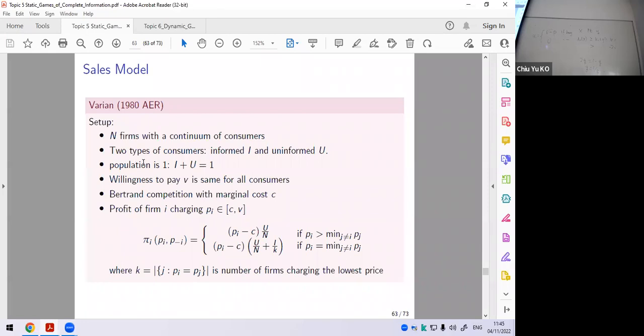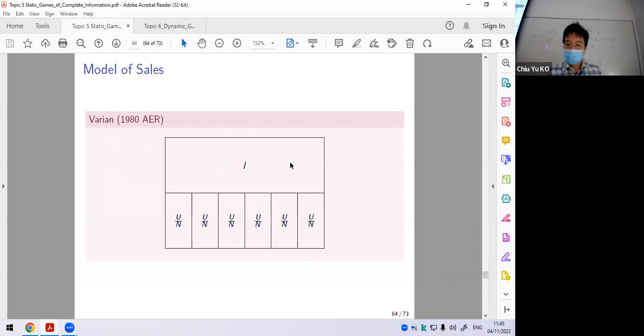So let me repeat the setup. Let's look at the graph, it's easier. There are informed and uninformed consumers. With N firms, everyone will get a share of the uninformed. As long as your price is not more than V, they'll come to you. This is a lock-in consumer, they keep purchasing from you. The informed guy only goes to the lowest price.